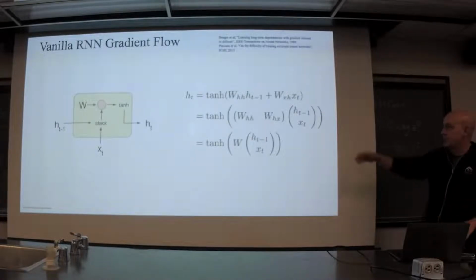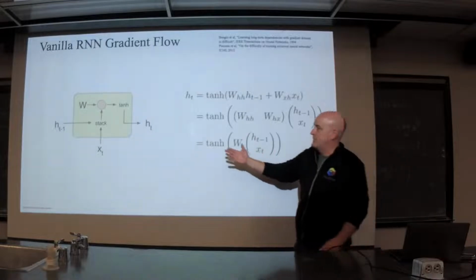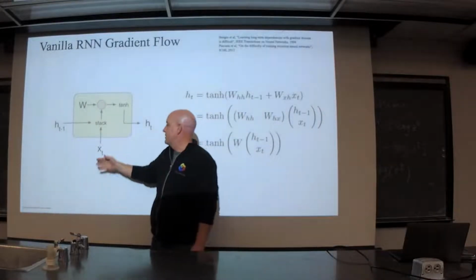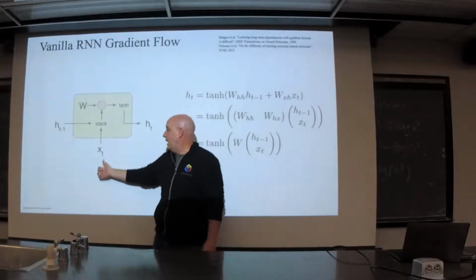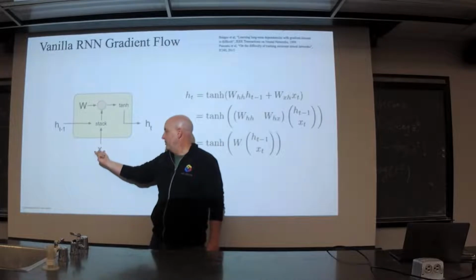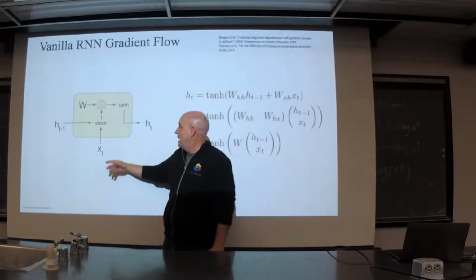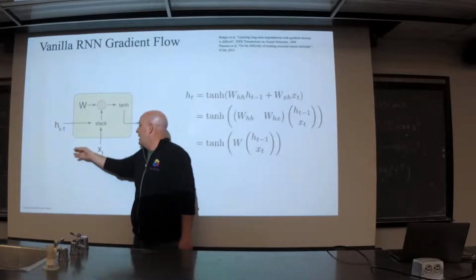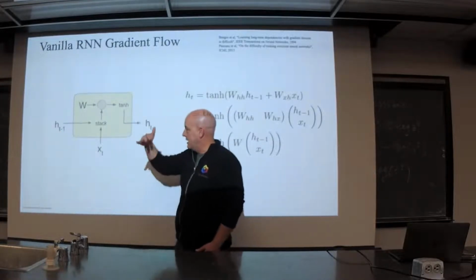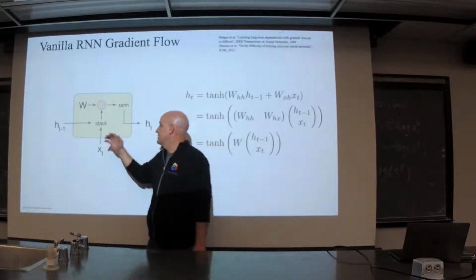So this is again a plain vanilla RNN, a state diagram for this. If we're at position T in the sequence, we have our input there, the token corresponding to that. We are combining that with the hidden state from the previous step.